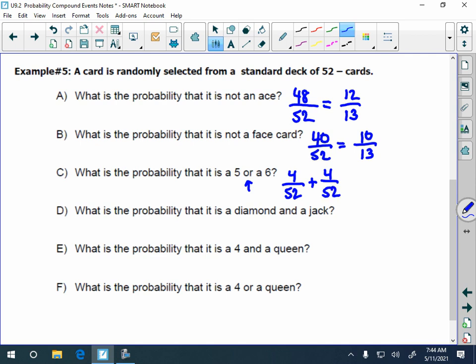And there's no single card that's both 5 and 6, so we don't subtract off anything. There's nothing in common, no intersection. So we add these together, so that's 8 out of 52. And then again, we want to simplify, so 2/13.